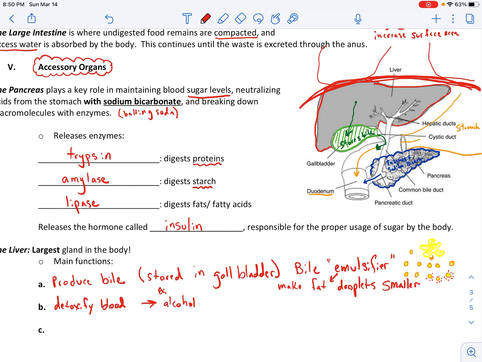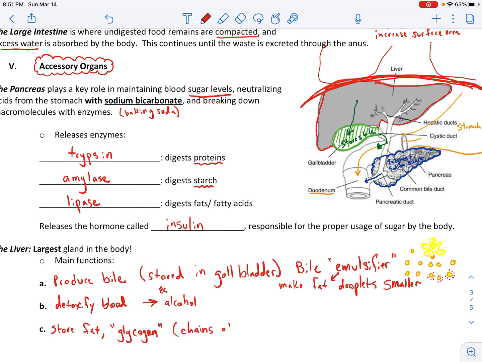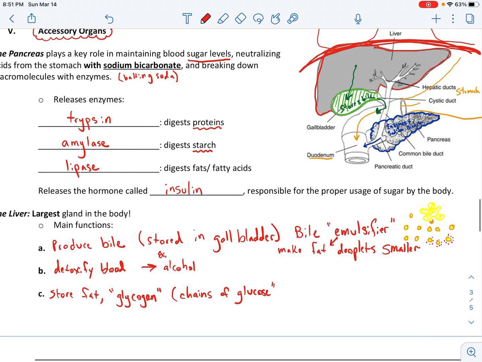And then a third function is it is involved with storing fat and excess sugar in the form of what's called glycogen. And glycogen is chains of glucose. Not quite starch, but longer chains of glucose that are essentially meant for storage in the body.